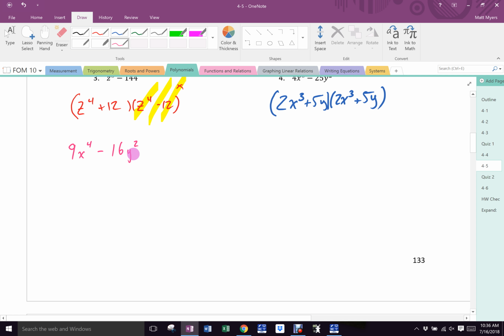What's that one? We're going to build up to the most complicated one. What's that one? 3x squared plus 4y, and then I just write it again. Can everyone do that one?